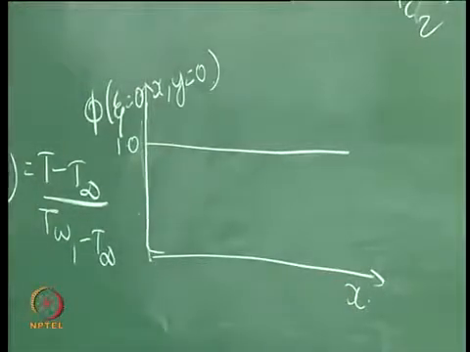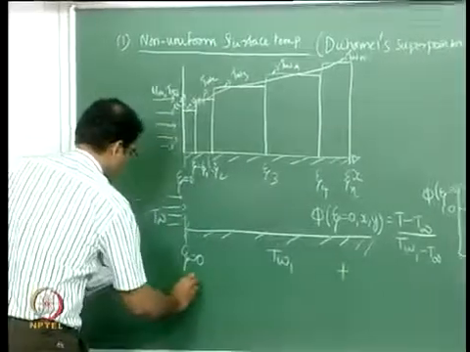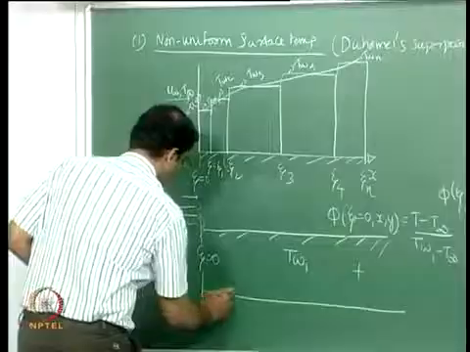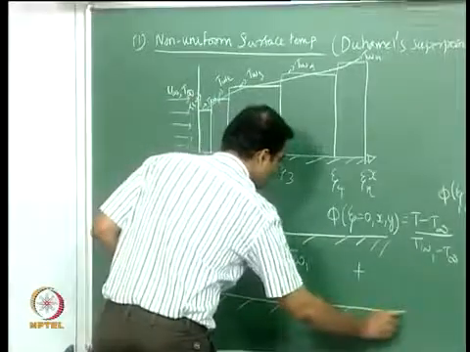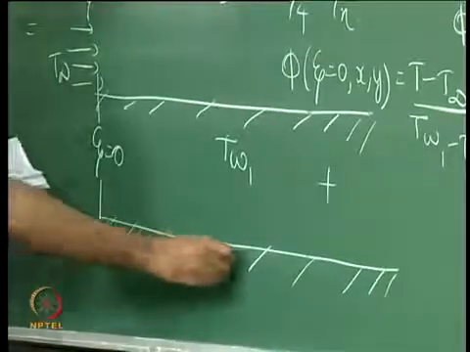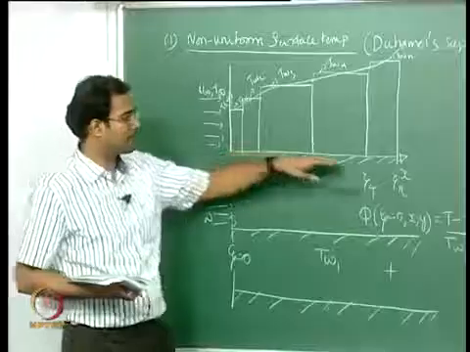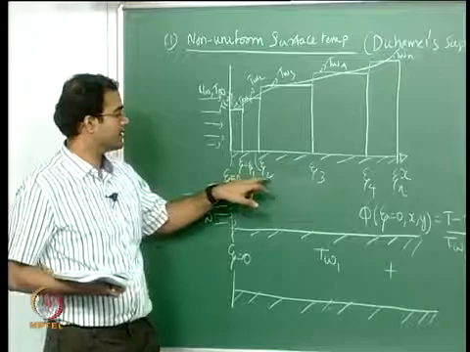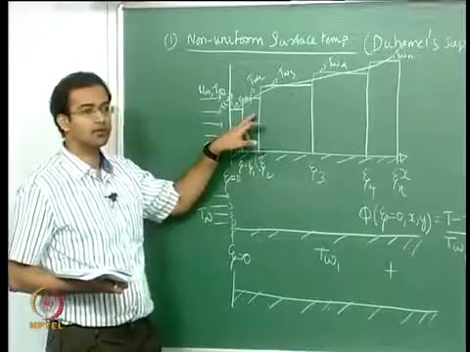Now I can break it up into multiple problems. My second problem will be what? I have solved one problem where everywhere it is T wall 1, but now you can see that from zeta equal to zeta 1 to zeta 2 it is T wall 2.